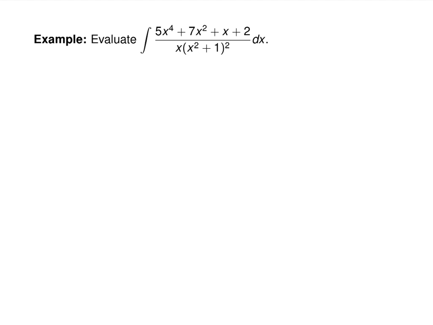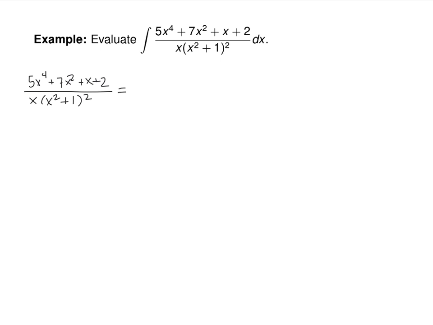So the partial fraction decomposition is this: 5x to the 4th plus 7x squared plus x plus 2, over x times x squared plus 1 squared.